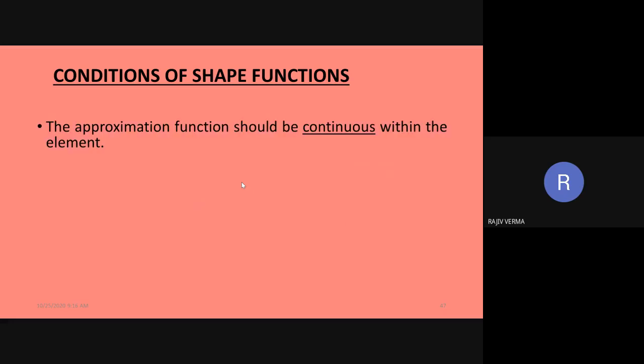So the first requirement is that the shape functions should be continuous within the element.